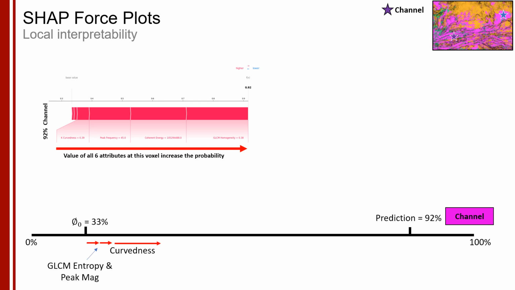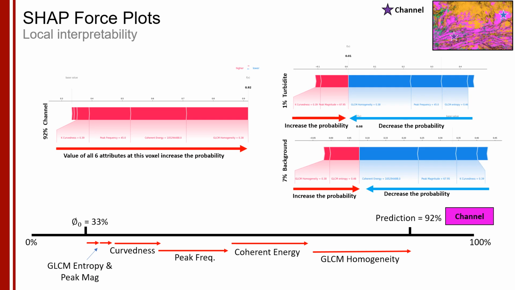GLCM entropy, peak magnitude, and curvedness all pushed it towards being a channel, as did peak frequency, the coherent energy, and GLCM homogeneity. And we could also look at the force plots for the other predictions, which were less likely, and understand how those attributes are playing in there.